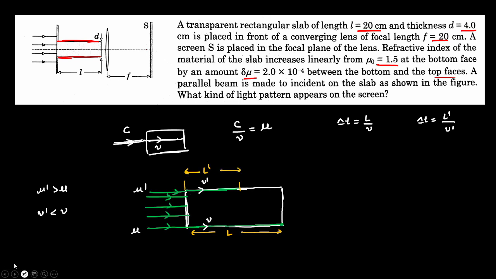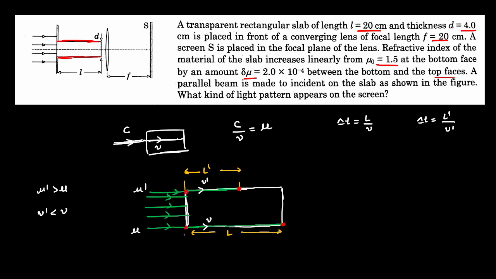Now, what is the takeaway? When the light energy at the bottommost layer reaches here, the corresponding point at the topmost layer will reach here. Remember, these two points belong to the same wavefront.